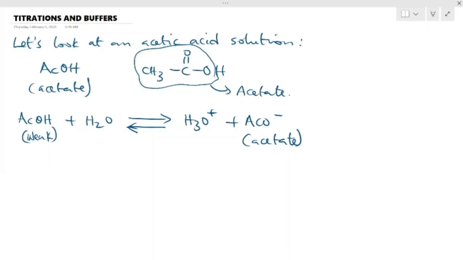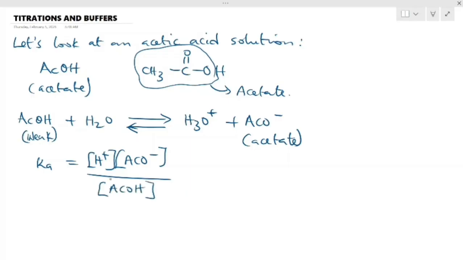So if we write the acid dissociation constant of the reaction equation, what we have is hydrogen ion concentration over concentration of acetate, over your weak acid. Recall that we said H3O plus is same as H plus.